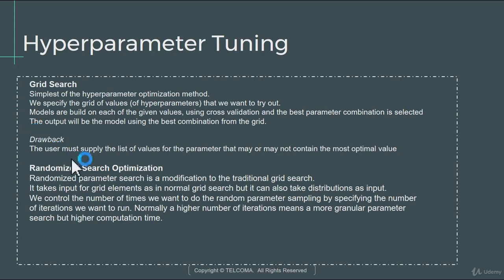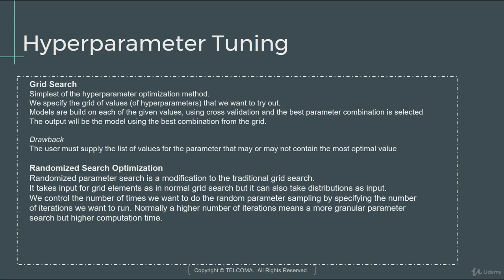What happens in randomized search optimization is, instead of passing a grid, you pass a distribution. Randomly, the algorithm, instead of trying all possible combinations, will take, in a smart way, a couple of different values from the distribution and try them for this specific hyperparameter. In this process, if you don't really pass the most optimal value in the candidate set, there's still a very high chance that you might reach a conclusion with high accuracy.